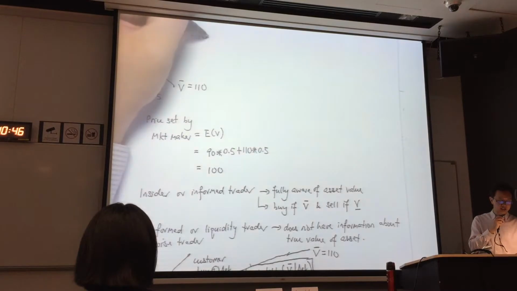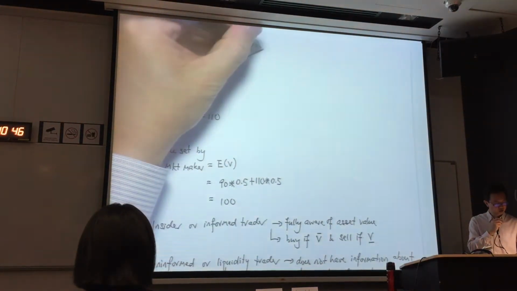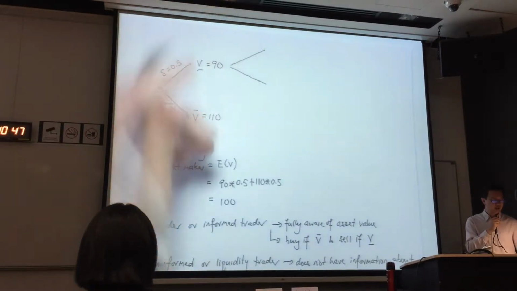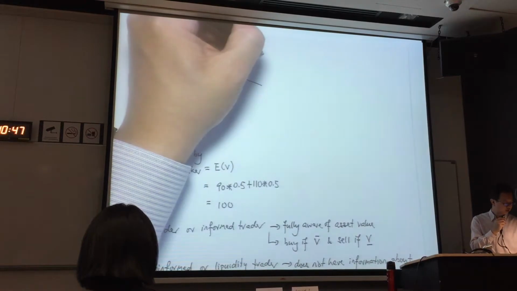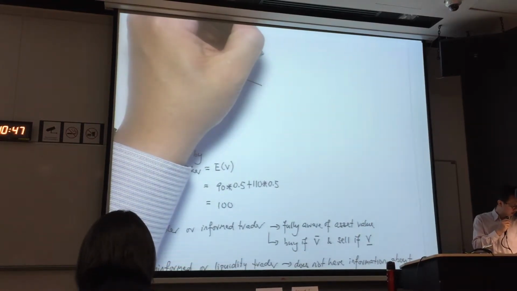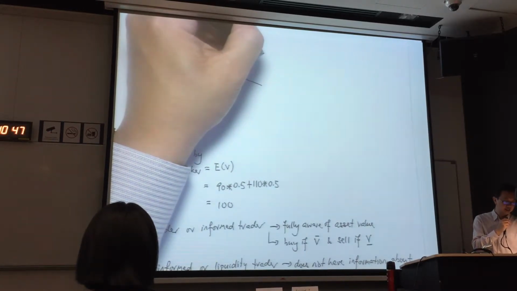So from this, the value is 90. We can extend it to explain whether it's a trade against a noise trader, or a trade against insiders.